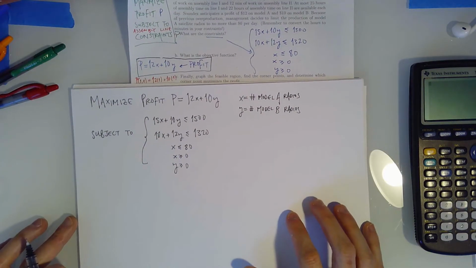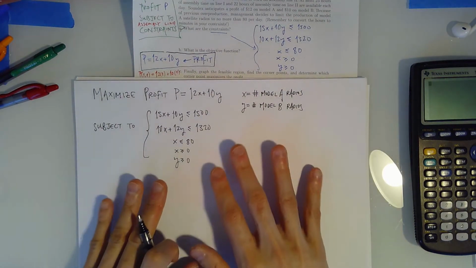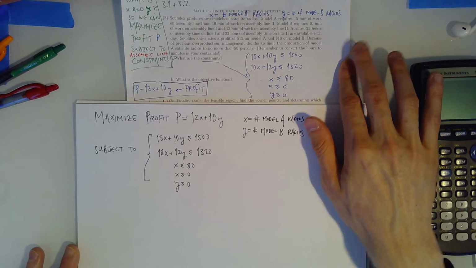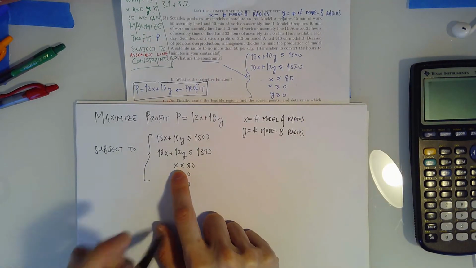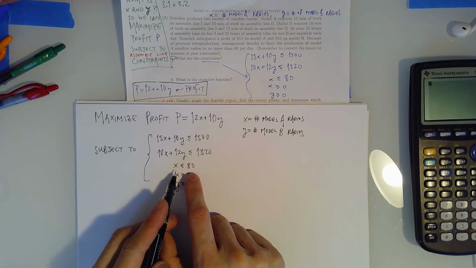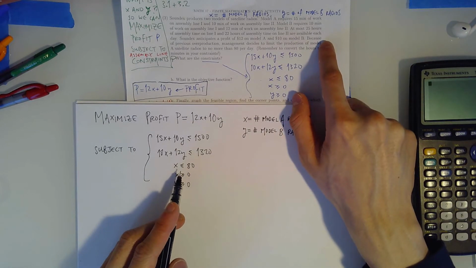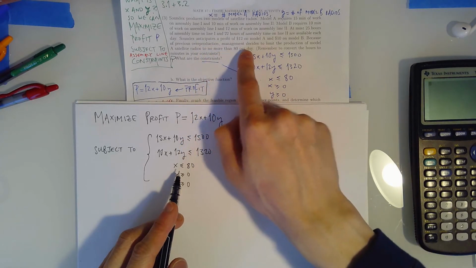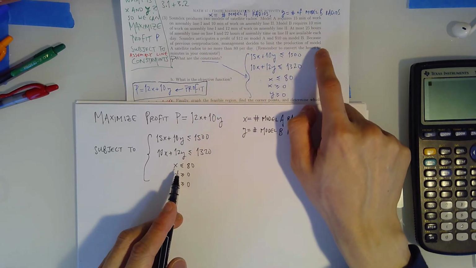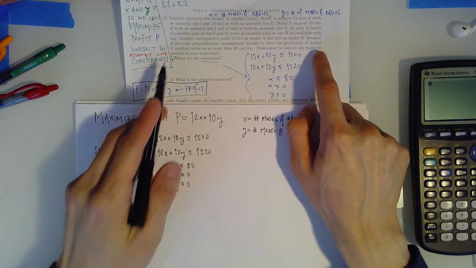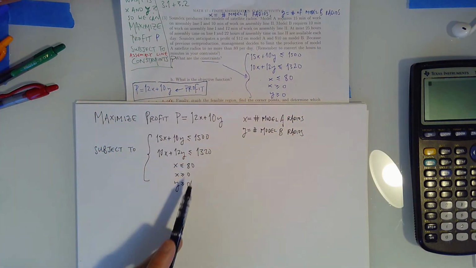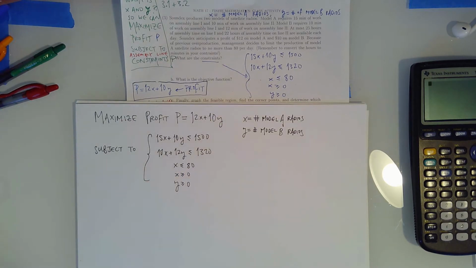Again, if you don't know where these come from, make sure you watch the previous video. In particular, this x less than or equal to 80 is coming from this line here: because of previous overproduction, management decides to limit the production of Model A radios to no more than 80 per day. So no more than 80 means you're less than or equal to 80.